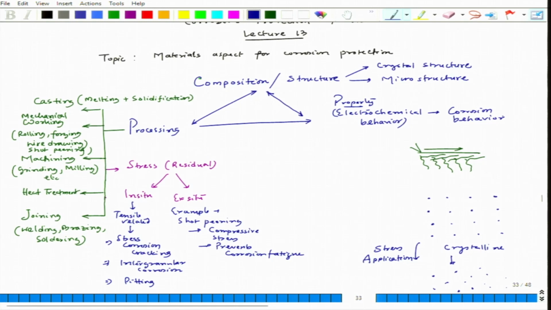Right? Now, if we consider all those parts, composition, structure, processing as well as property, when we have those effects, it is actually influencing the materials performance. And here, if we talk only about the corrosion performance, it is getting influenced, because in a favorable condition, like favorable stress condition or favorable structure condition, we can have a good degree of performance in terms of excellent corrosion resistance in that particular use.